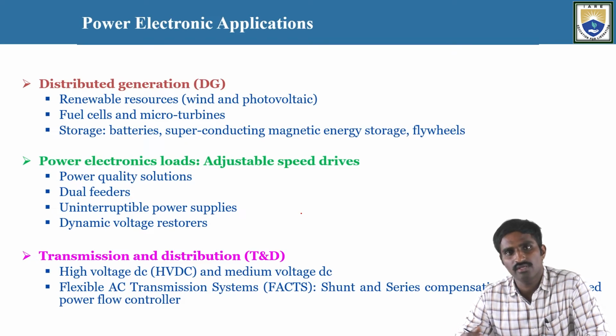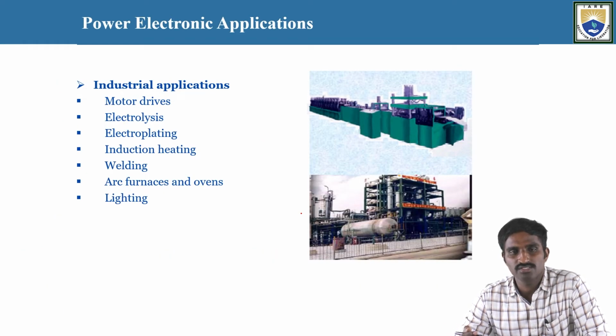Not only these, there are so many applications for power electronics, like in industrial applications where we use motor drives, electroplating, induction heating and welding, and lighting. For all these purposes, we use power electronic applications. When we discuss each converter, you will understand very clearly exactly which type of power electronic converter we can use in motor drives, and which type is used in induction heating.